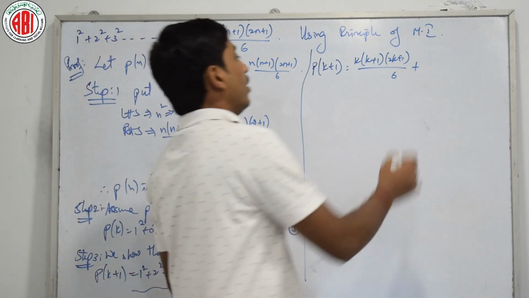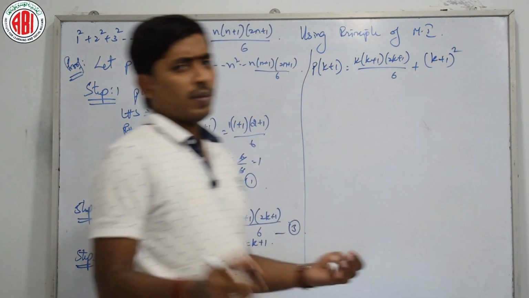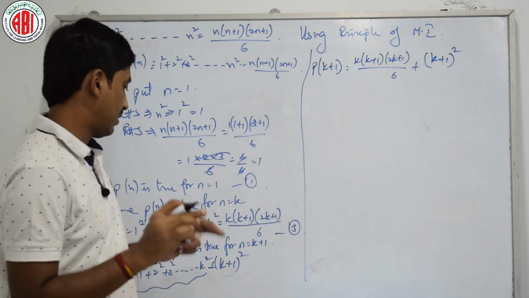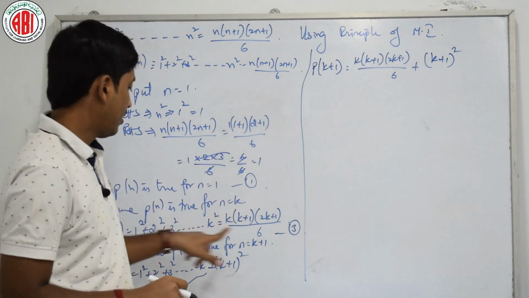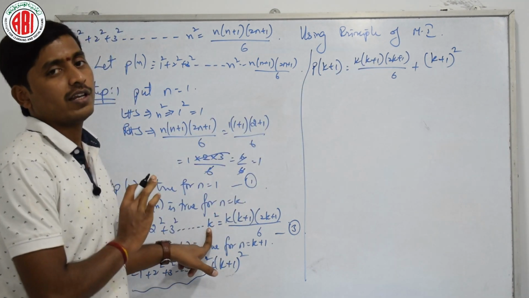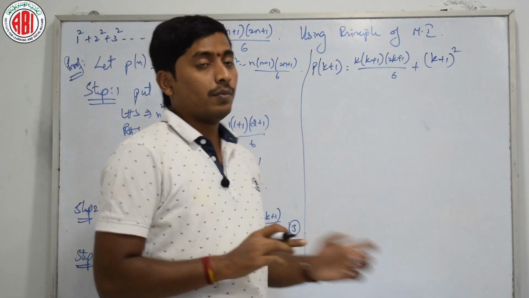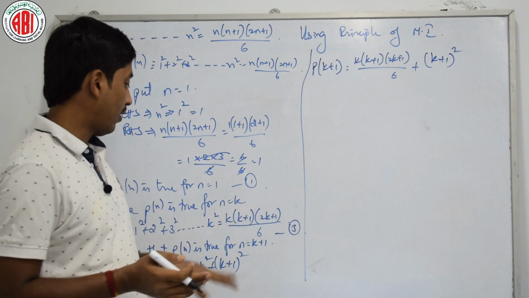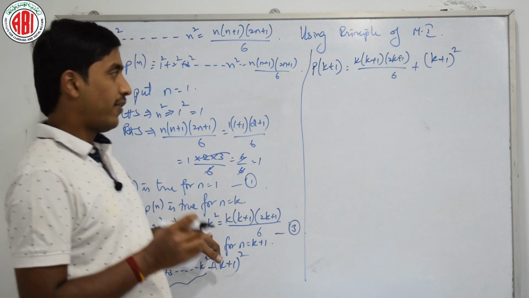Hope you can understand this statement. If you are unable to understand, just write this as it is, plus whatever it is there, put k plus 1 instead of k. Because in the next sums, whatever we are going to solve, it will not be as simple as this k square or n square.